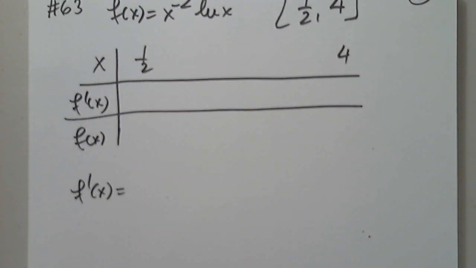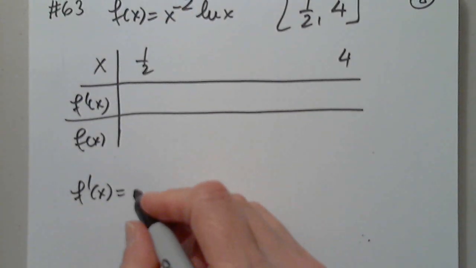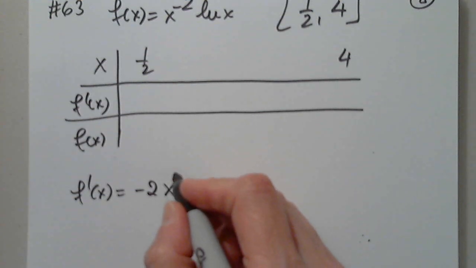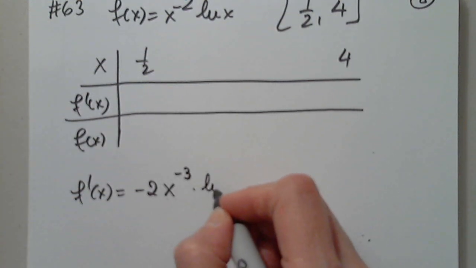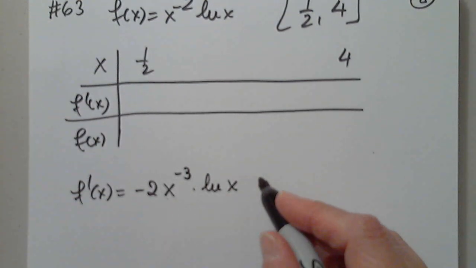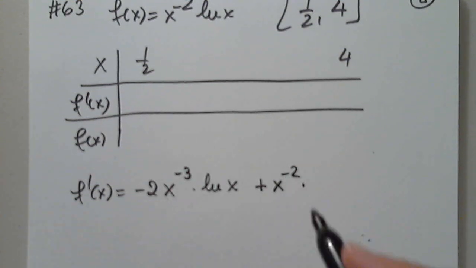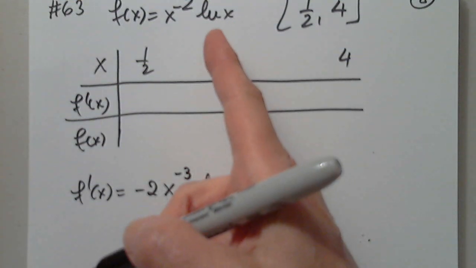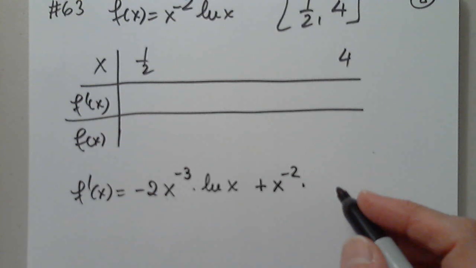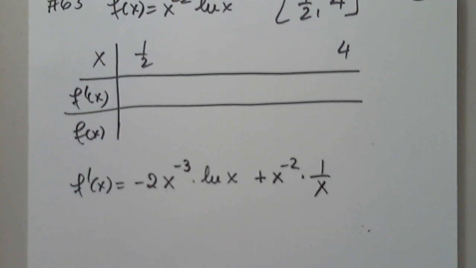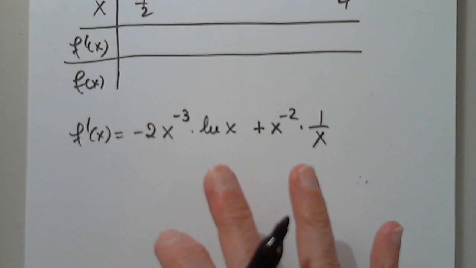Product. Yes. First function prime, -2x to the -3 times natural log x, plus x to the -2 times natural log x prime, which is 1/x. Excellent. Now this is really not helping at this point.